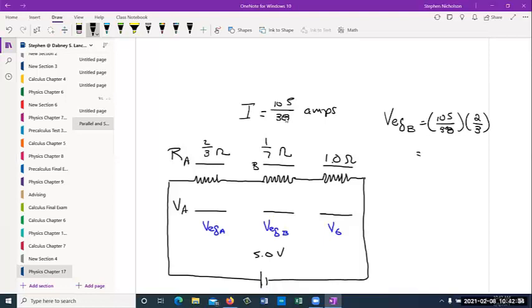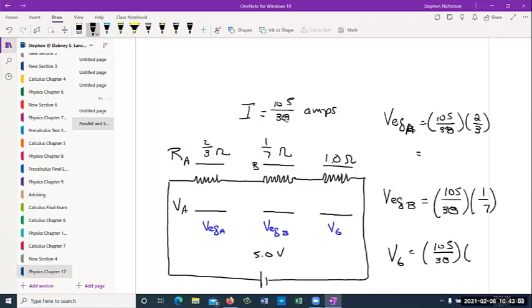That should be A, not B. The voltage across equivalent resistance B is the same current, 105 over 38 times 1/7. And the voltage across the 1 ohm resistor, which was resistor 6, is 105 over 38 times 1. So let's get the answers here and plug them in, and then we'll stop for today.